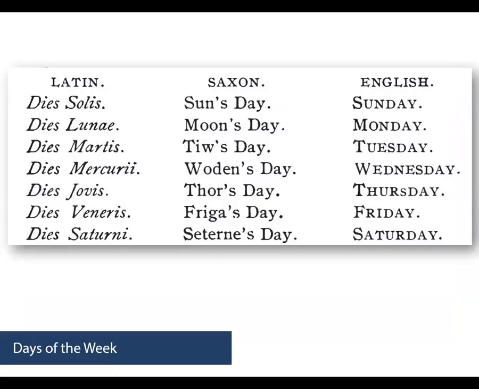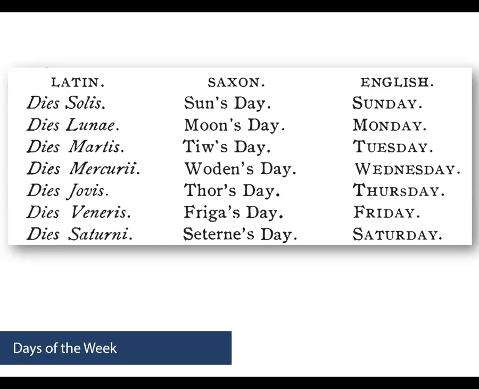The days of the week that show the Latin versions, the Saxon version, and our present English, you can see how the Latin is more the Roman. You can literally recognize most of your gods. And then the Saxons, prior to really taking over and really embracing their Christian side, you see the names of some of the gods.